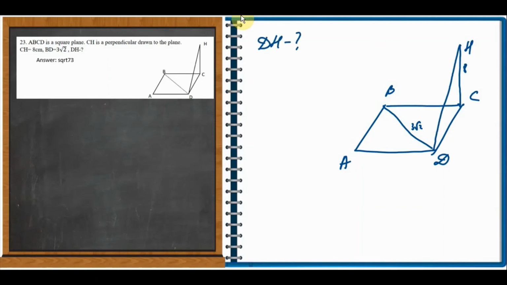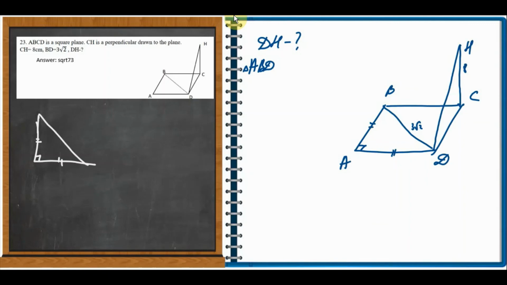Now, in order to solve this question, it's better to know this shortcut. When we have right angle isosceles triangle, in our picture we have triangle ABD. That's right angle isosceles triangle because A is right angle. AB and AD, it's square, they're obviously equal.